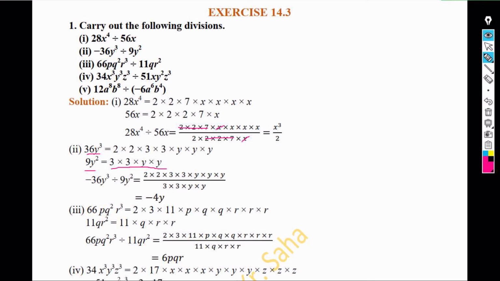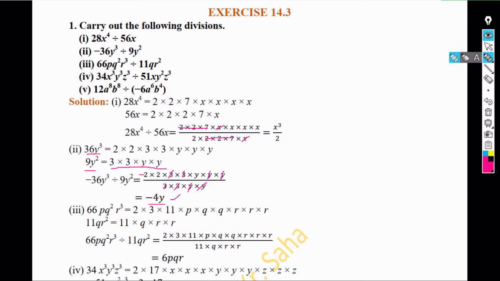Here we have to write minus 2 into 2 into 3 into 3 into y into y into y by 3 into 3 into y into y. Cancel 2y from numerator and denominator, and two 3's from numerator and denominator. The numerator becomes minus 4 and y, that is minus 4y. The result is this one.